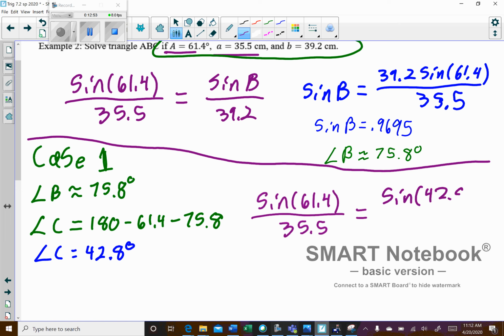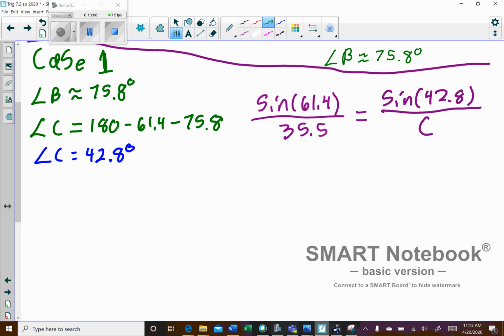And then we're going to divide it by side C, which I don't know. Okay, so the algebra here, what we're going to do is basically cross multiply and divide.